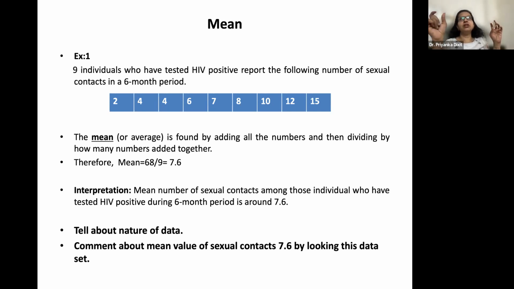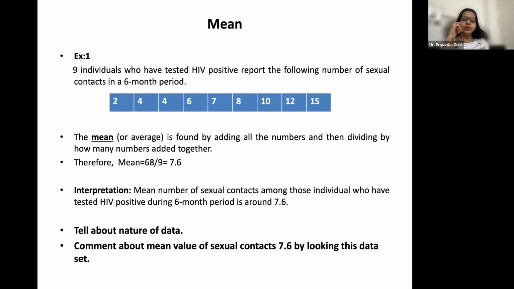However, 50% of the people have reported more than 7 times sexual interaction during the last 6 months. So it's divided into 50-50 parts.